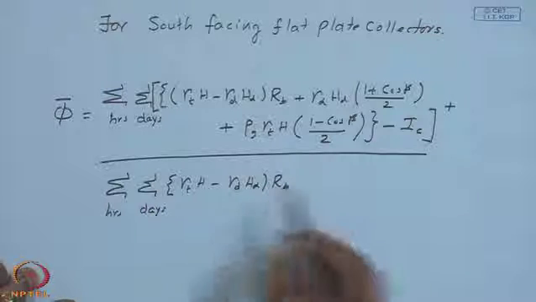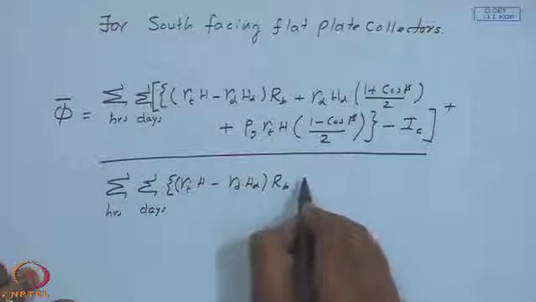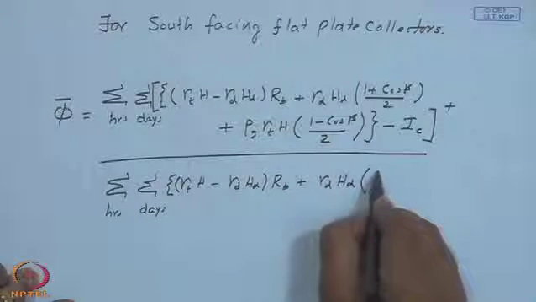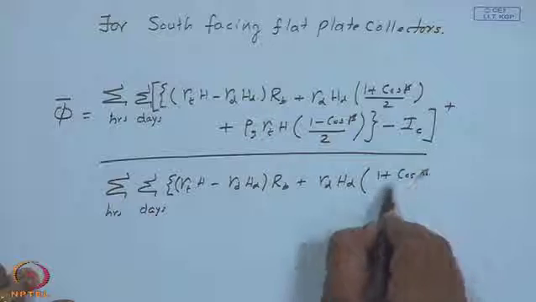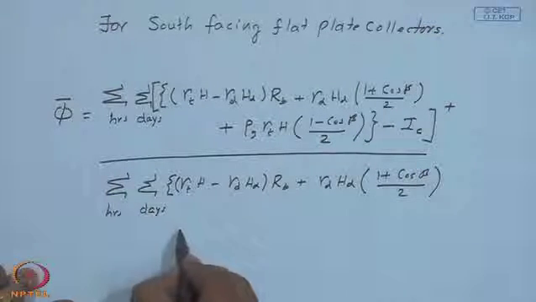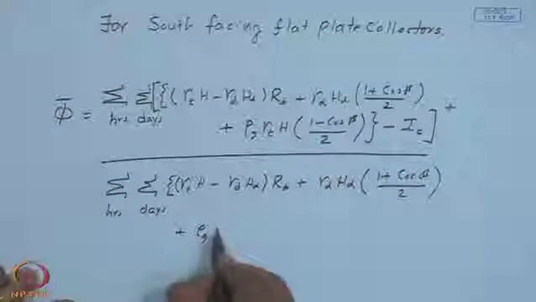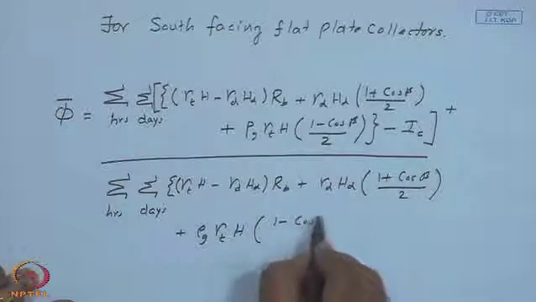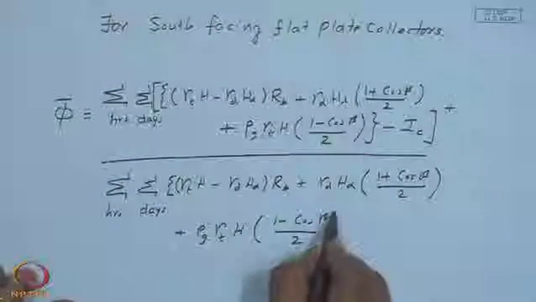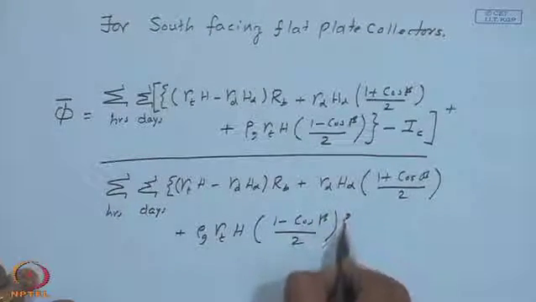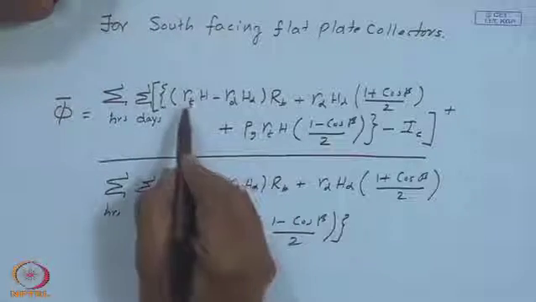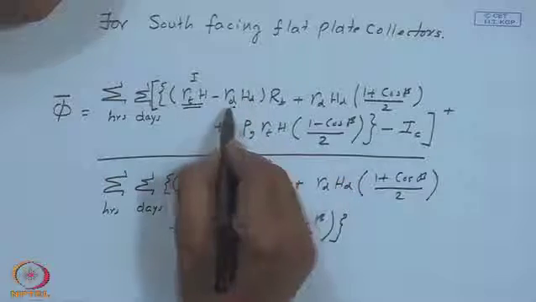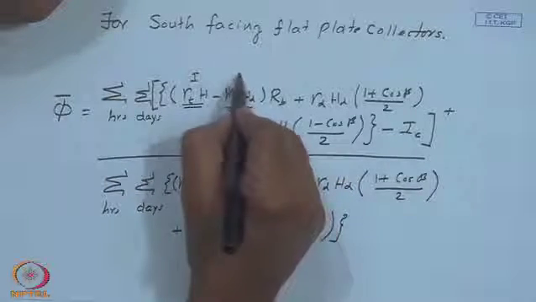Times R b plus R d H d times 1 plus cos beta by 2 plus rho g R t into H times 1 minus cos beta by 2, curly bracket closed. So, this R t into H is nothing but I, R d into H d is nothing but I d.